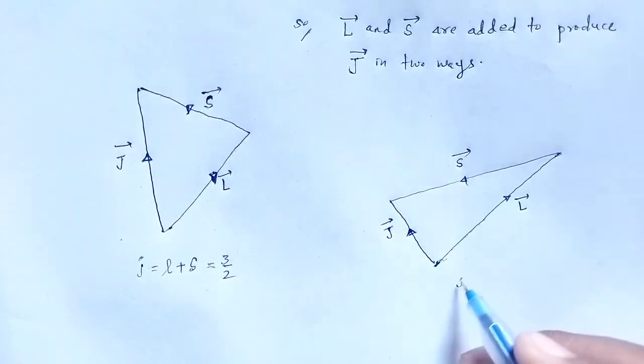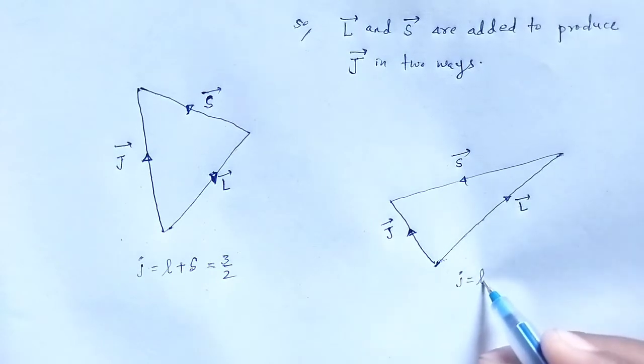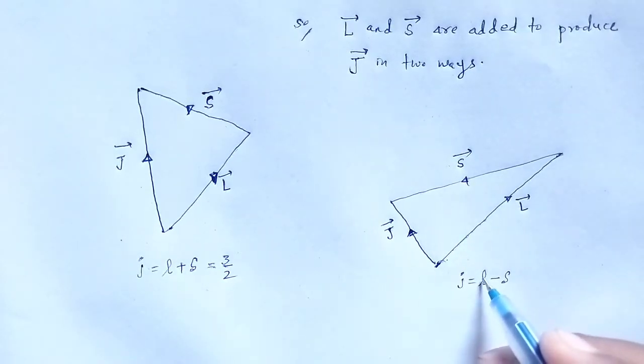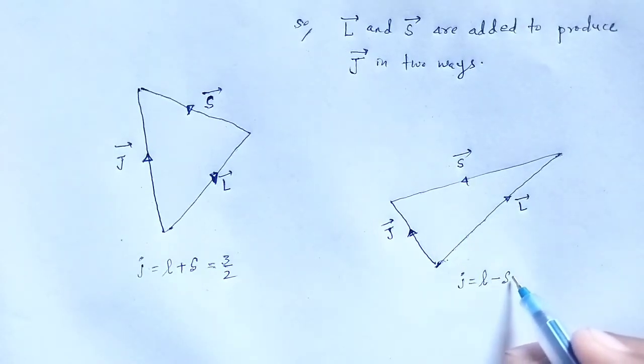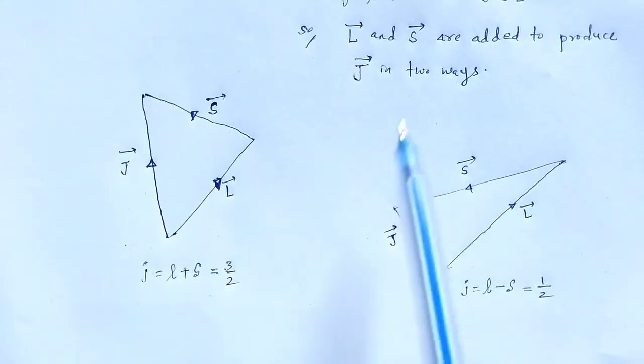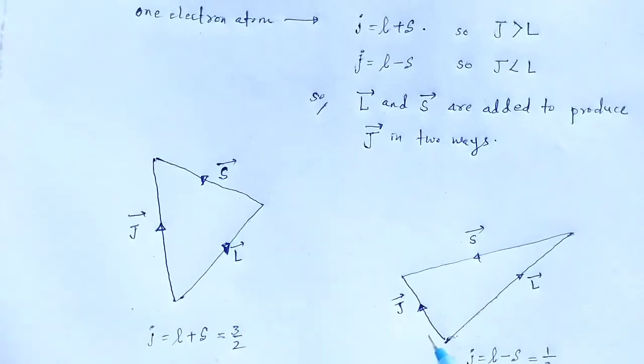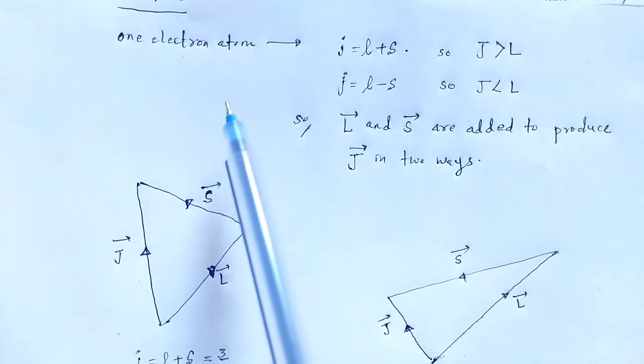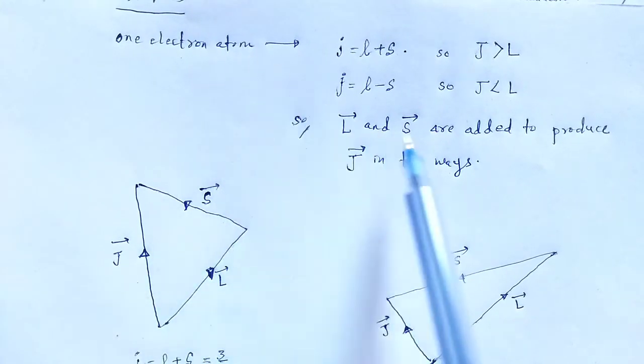Again small j is equal to L minus S, L equal to 1 minus S equal to half, the value will be half. Those are the two orientations as far as the vector atom model is concerned.